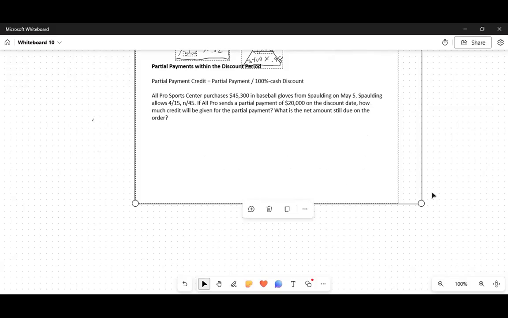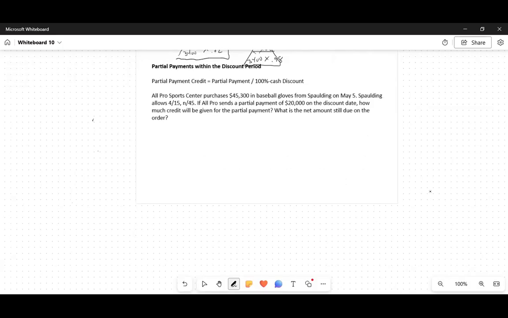In this case, All Pro Sporting Goods Center purchases $45,300 in baseball gloves on May 5th and is allowed 4 and 15, net 45. We send a $20,000 payment on the discount date. But that's not the whole 45, so we still have 25,300 left, right? So we're going to figure out how much we owe and when it is due. What it says is, how much credit will be given for the partial payment and what is the amount due on the order. So that's what we're going to figure out.